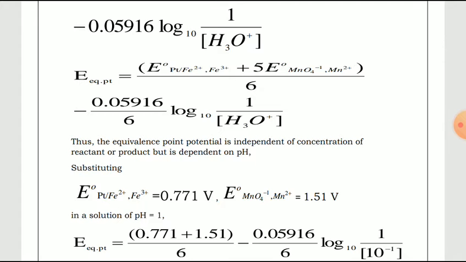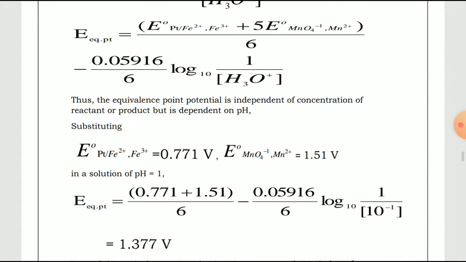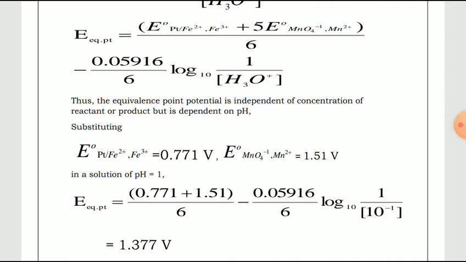Here I have not written the 5, you have to consider it. That is 5 into 1.51 upon 6 minus 0.05916 upon 6 log of the concentration, 1 upon 10 raised to minus 1. When we calculate the above equation, then E equivalence point is equal to 1.377 volt.